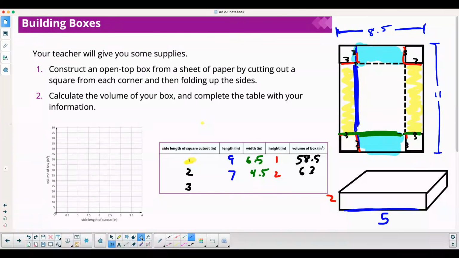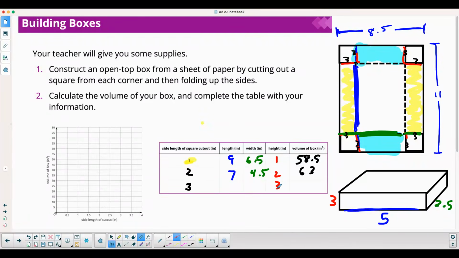The green side over here was 8.5 up top, so the bottom is 8.5 as well. 8.5 minus 3 minus 3, because the whole thing's 8.5 all the way across, but it's like you cut off this piece, which is 3, and this piece, which is 3. So it's like you subtracted 6. So that would be 2.5. And then your flap that you fold up would be 3.